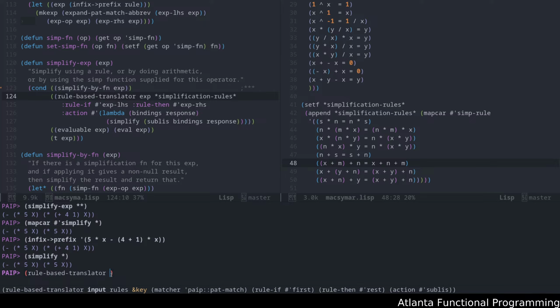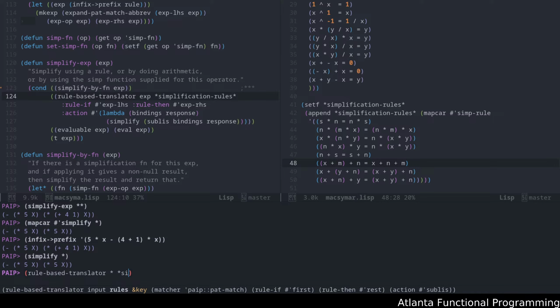And in this case, we're trying to use that to do substitution for us so we could get an expression that we can ultimately evaluate using basic Lisp. So each knowledge base rule is just doing a simple substitution. Okay.